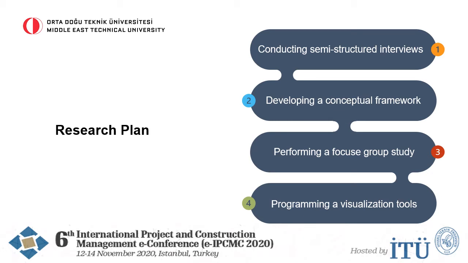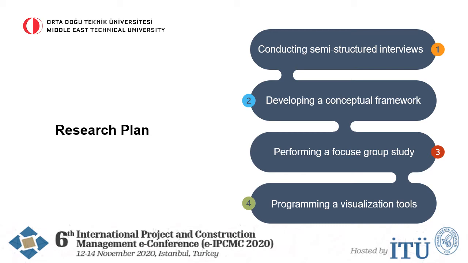Next, distinctive alternatives will be discussed and evaluated with a focus group study in order to fulfill PPP project stakeholders' visualization requirements. Finally, a computer tool will be programmed to visualize the conceptual framework.